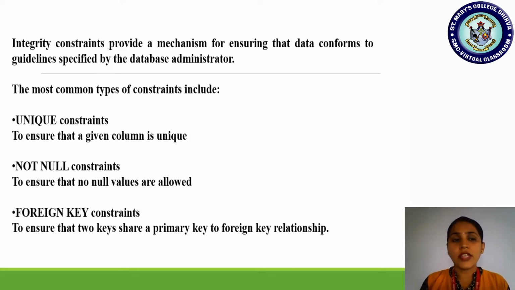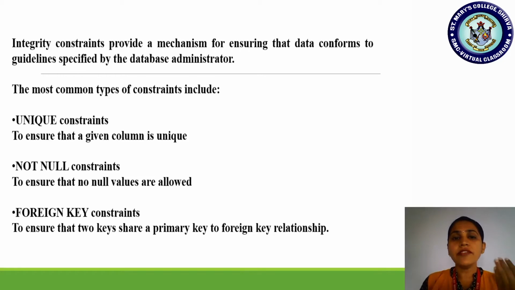Not null constraints ensure that no null values are allowed. For example, if we have a column roll number or a column student name, any of the two you can consider, the values in those attributes should not be null.